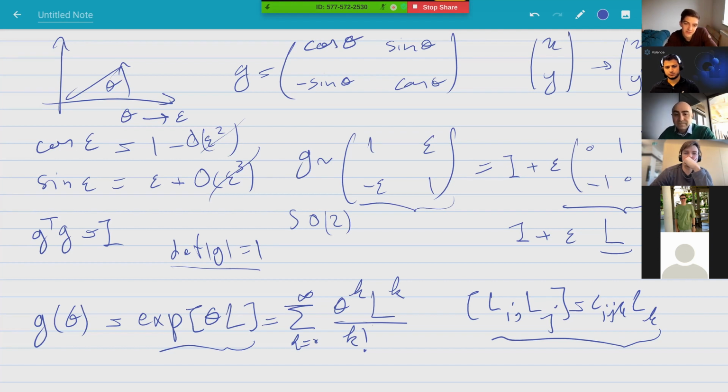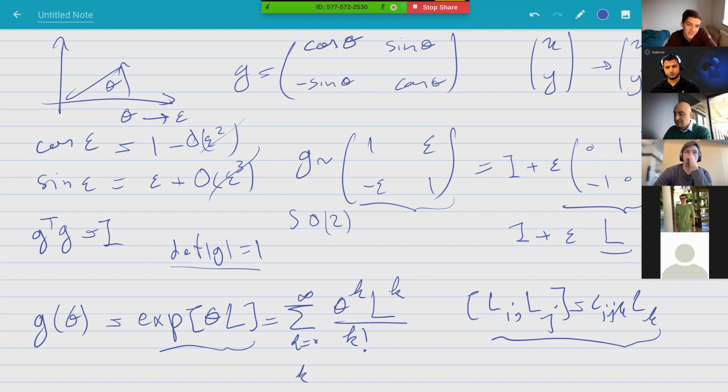Okay, cool. And now we also have in the chat the question: where did the identity, so to say, go, our starting point, now that you wrote down g of theta as the exponential of theta L?